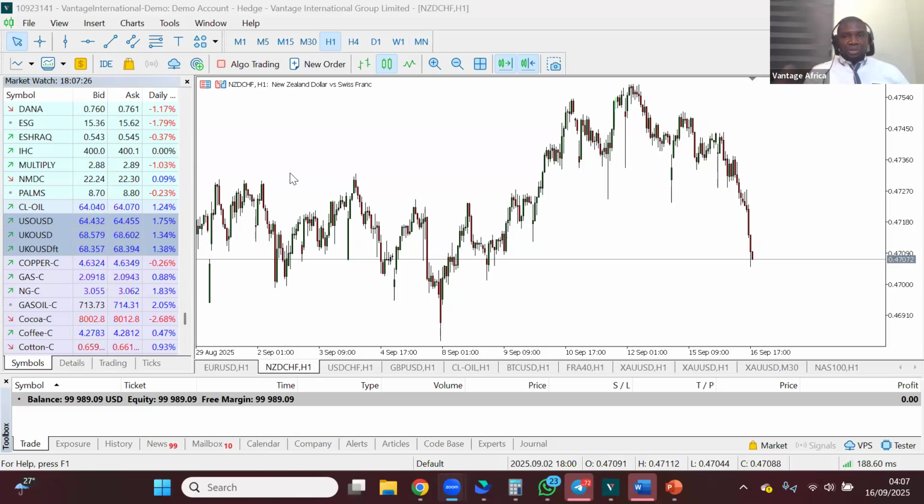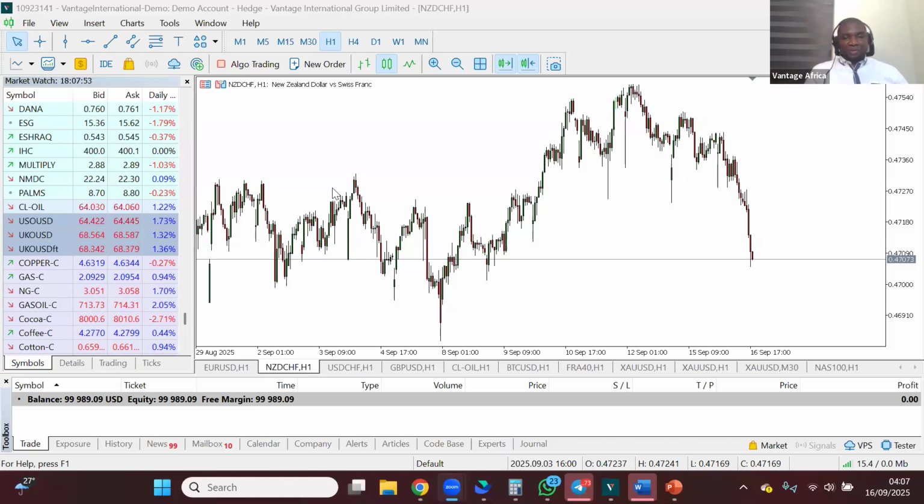Every candlestick you see on this chart was formed in a certain time frame, and what determines the way the candles are formed is the time frame you're logged into. Currently, we are on the H1 time frame. Now, if we switch to a different time frame, you discover that there's a bit of a change in what you're seeing on the screen.